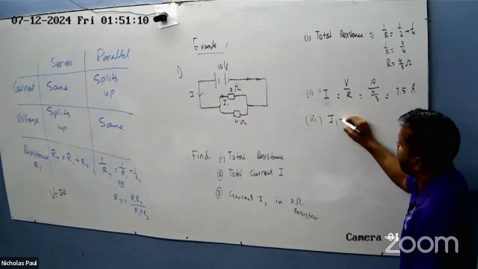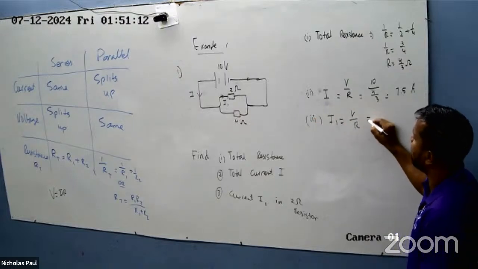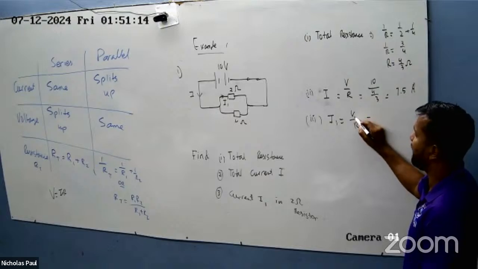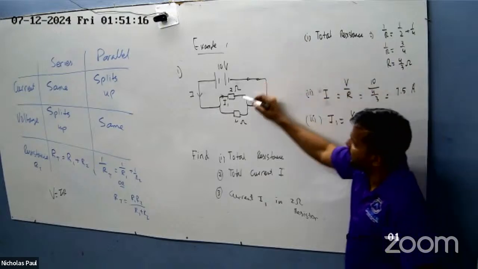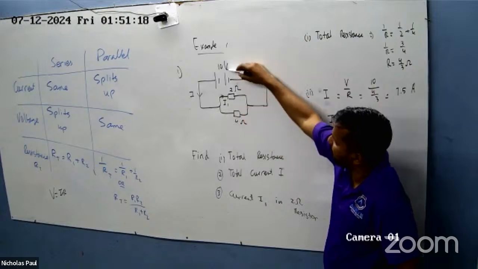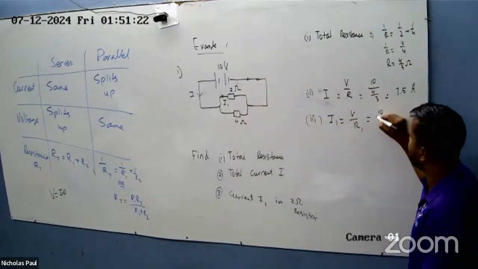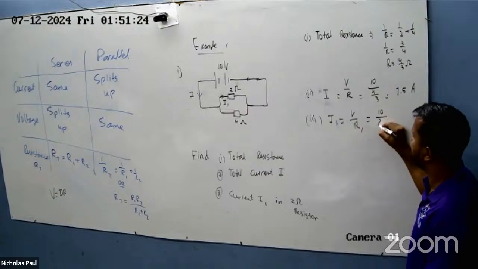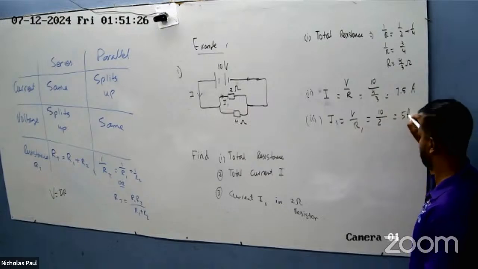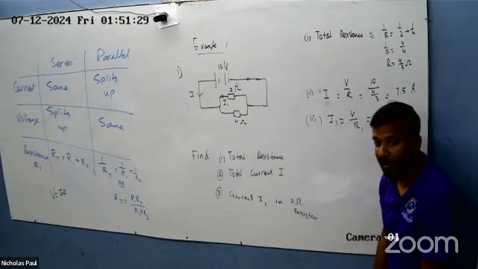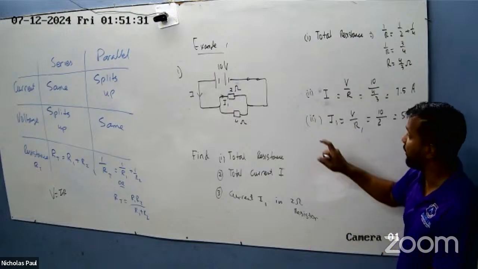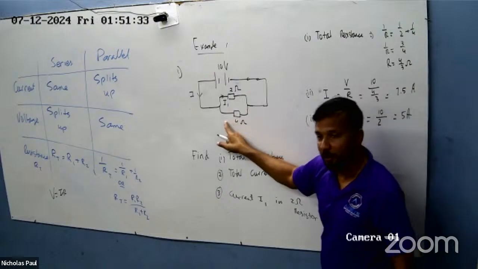So we had to get I1. I1 is V on R, right? V is what? Voltage in parallel is the same. So the voltage here, here, and here is the same. So the voltage here is also 10, and R1 is 2. So the current is 5, right? Ashton, what's the current in the 4 ohm?